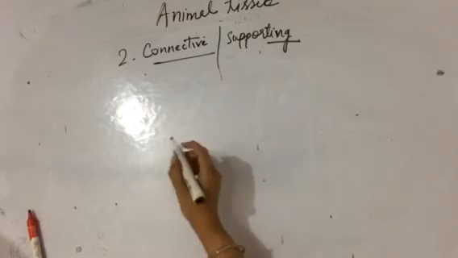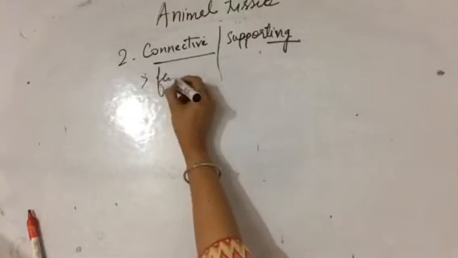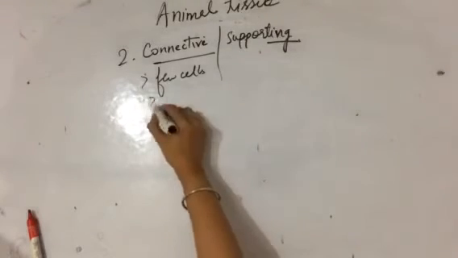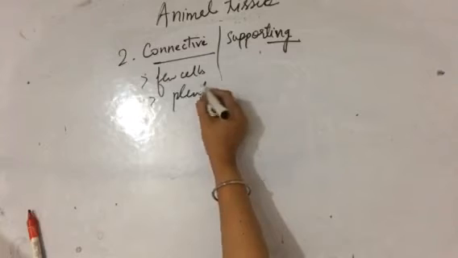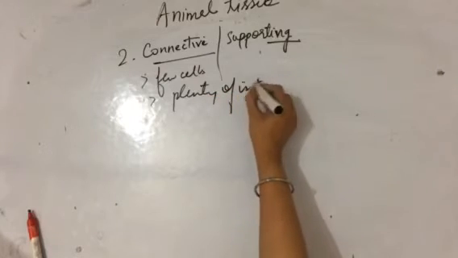Remember this. Tissue is made up of cells. In connective tissue, only a few cells are present, and there is plenty of intercellular space.